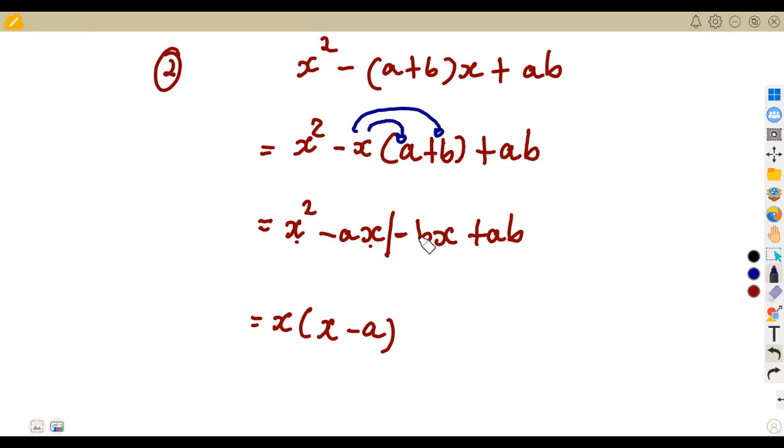And on this part that is remaining, I've got minus bx plus ab. I'm supposed to factor out a common term that is going to give us a positive x and a negative a. So which sign are we going to use for the b? Because b is common. But which sign are we going to use for b? We are going to use negative b so that this becomes a positive because it's a negative already.